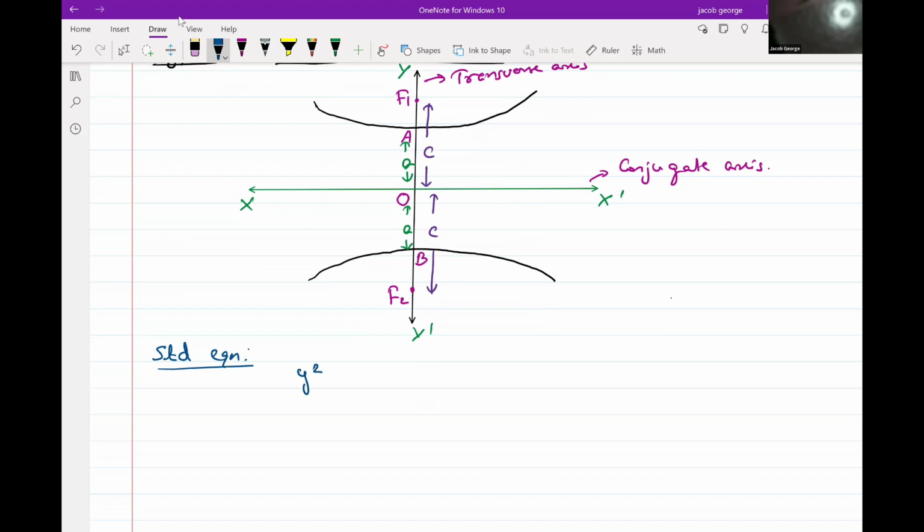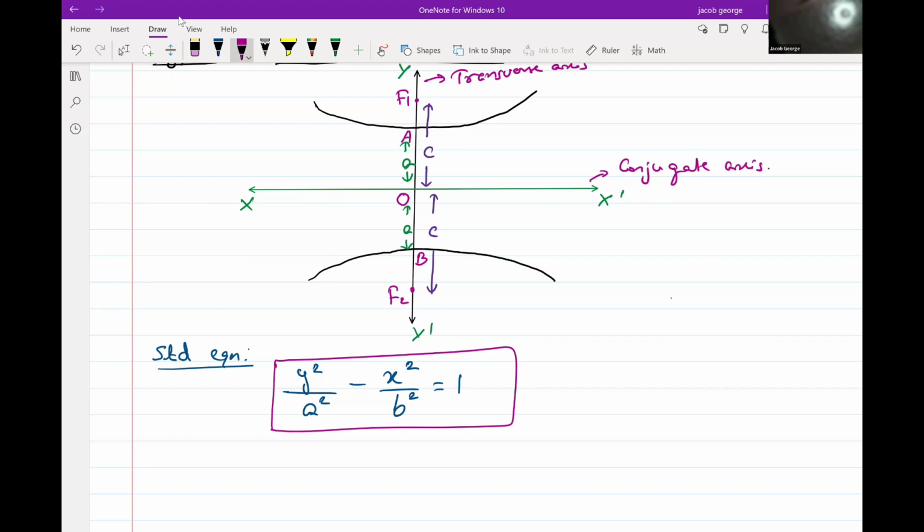So we write y square by a square minus x square by b square is equal to 1. This is the standard equation of second type of hyperbola. Always the transverse axis will come first. In the first one, x was the transverse axis, so we wrote x square by a square minus y square by b square is 1. In second type, y is the transverse axis, so we have to write y square by a square minus x square by b square equal to 1.